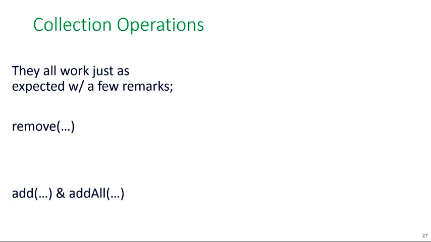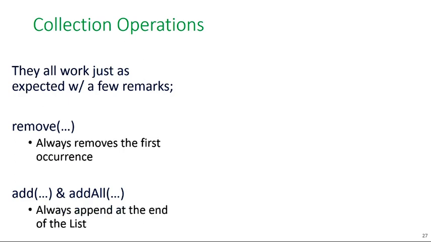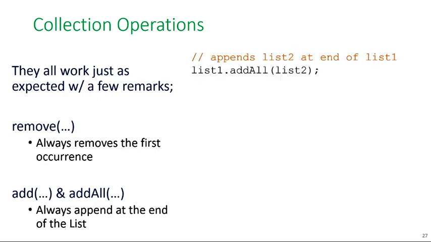The following work just as you would think, with the little remark that remove is going to always remove the first occurrence of an element. You can have multiple occurrences in a list. And add and addAll are going to always happen at the end of the list. Modulo those little peculiarities, this is doing exactly what you would think it's doing.